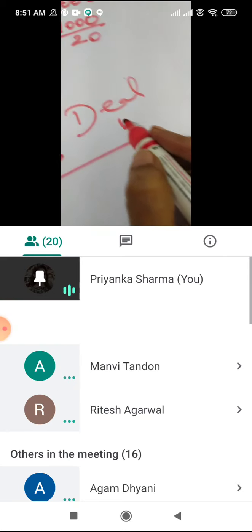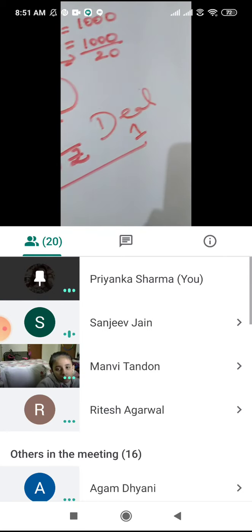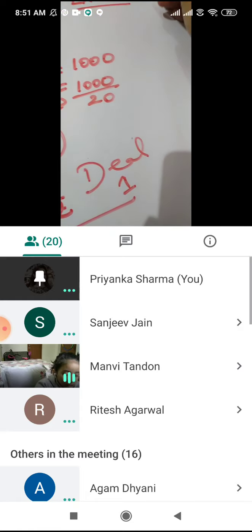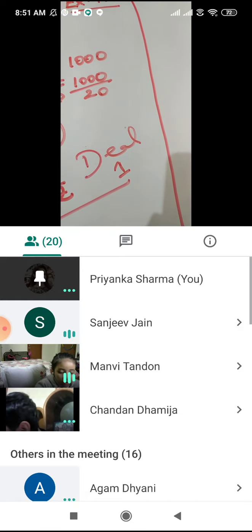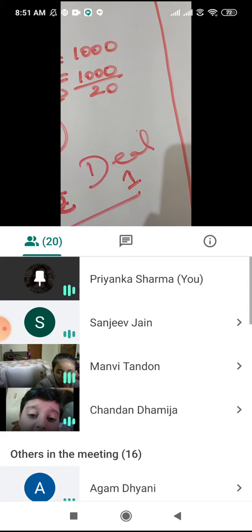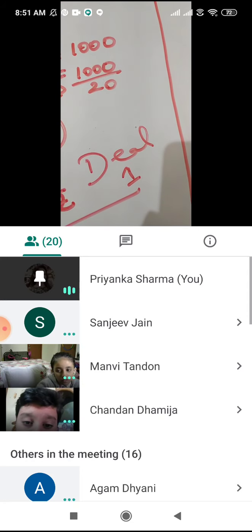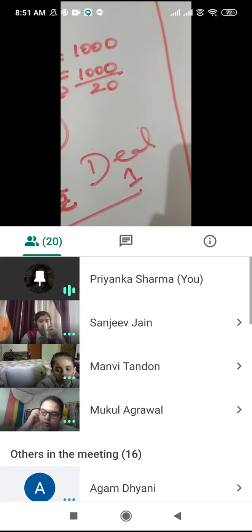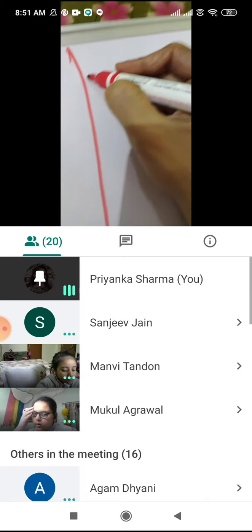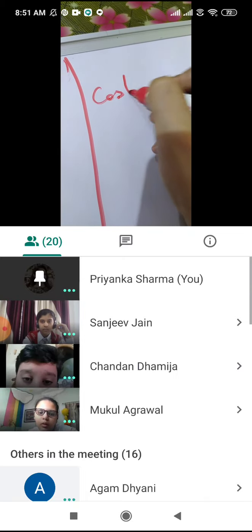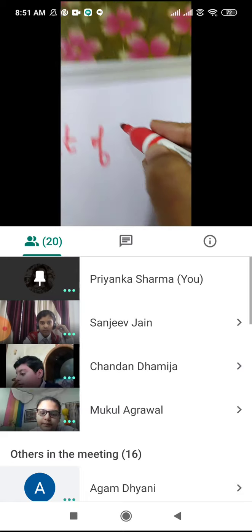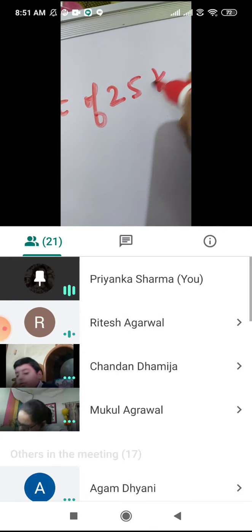Now, what is deal 2? Deal 2 is saying the cost of 25 kg rice.